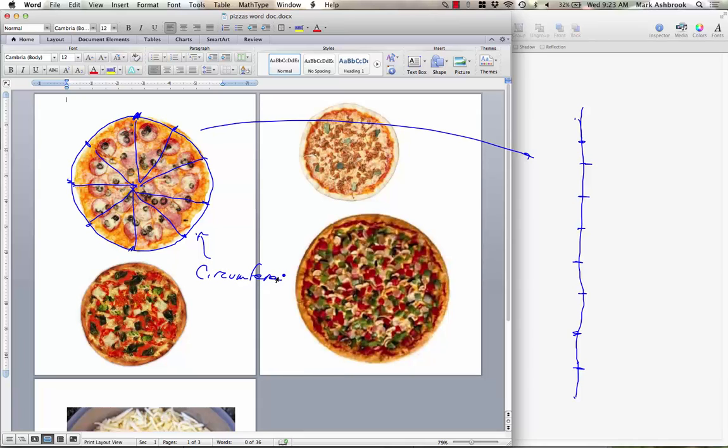So an angle then has what to do with circumference? You said it before. Eric, what does the angle have to do with circumference? That would be just the two rays from the circumference going to the middle of the pizza, so that's what has to do with the circumference.